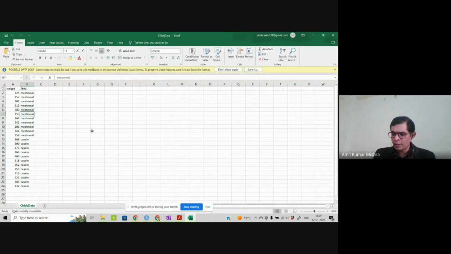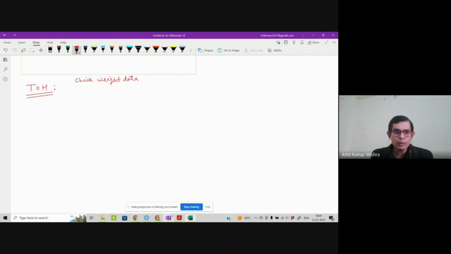Now a standard question arises in hypothesis testing: is the mean weight gain the same for meat meal and casein?